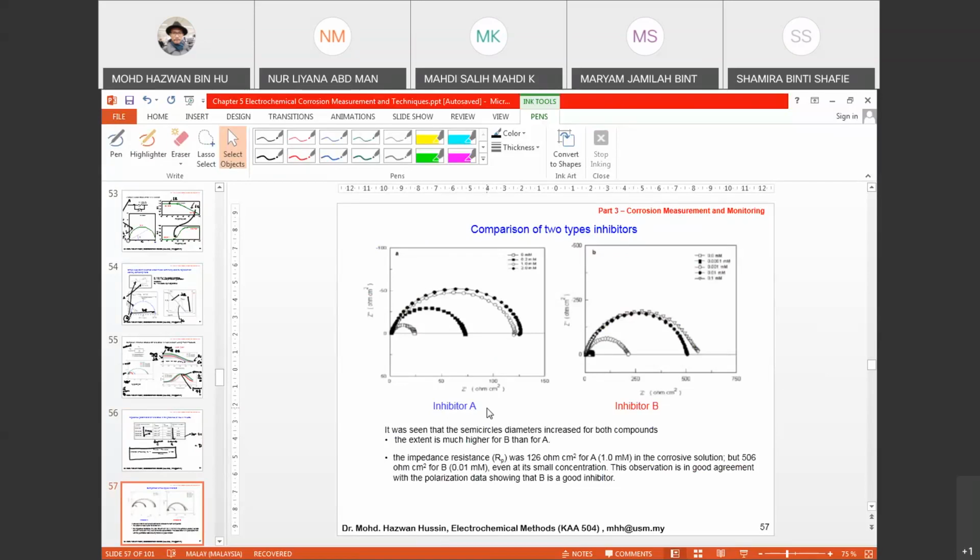to see your understanding. Okay, so between these two inhibitors, you have inhibitor A and inhibitor B. I actually run it at the same concentration of maybe acid or maybe medium, and then I put a different concentration of inhibitor A and inhibitor B. So can you guess which inhibitor actually performs the best?